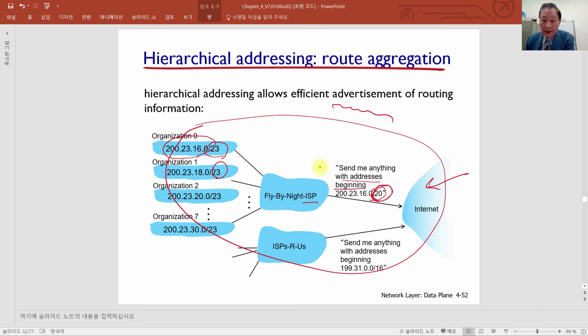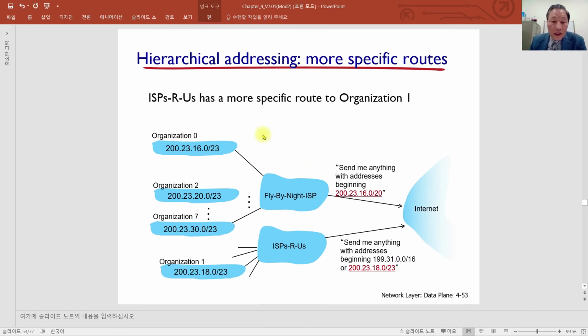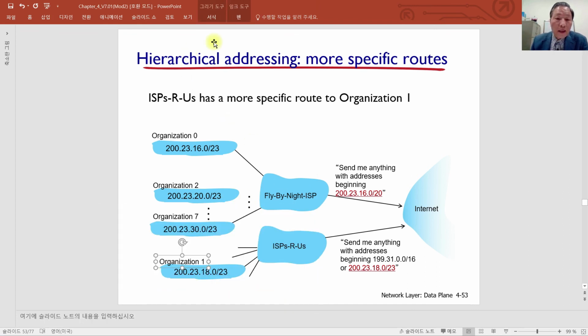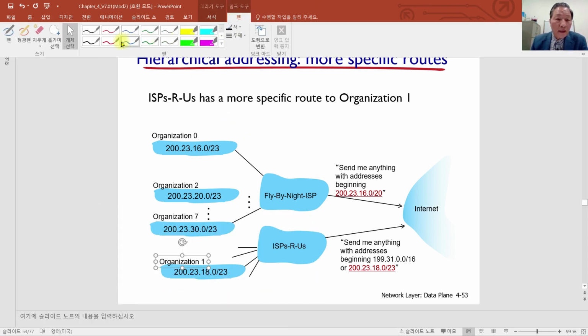Okay, let's move to the next. And this one is explaining a little bit more about that, with a specific example. Okay, let's change it back to use this pen.